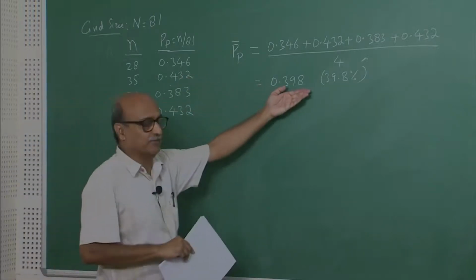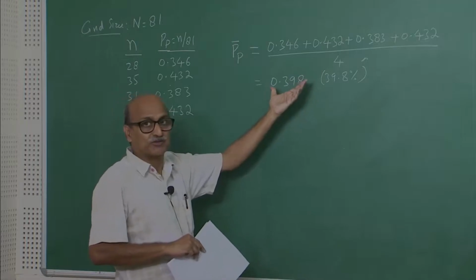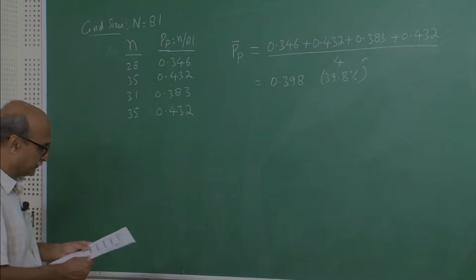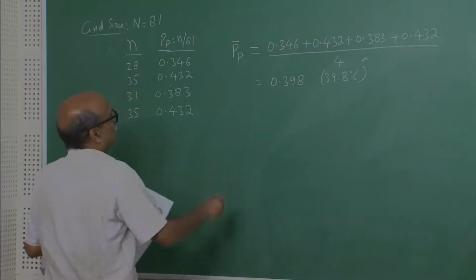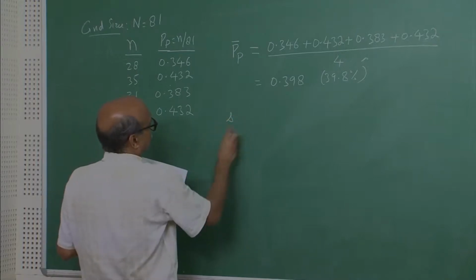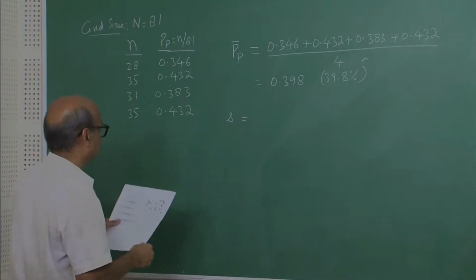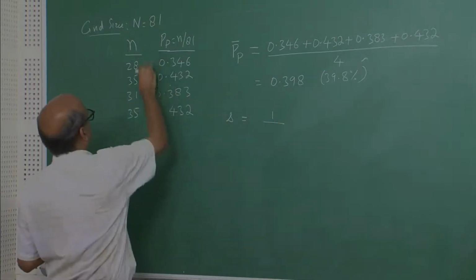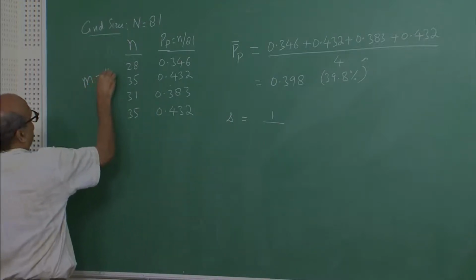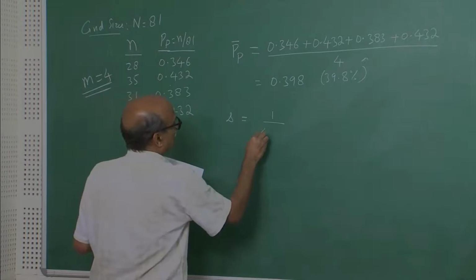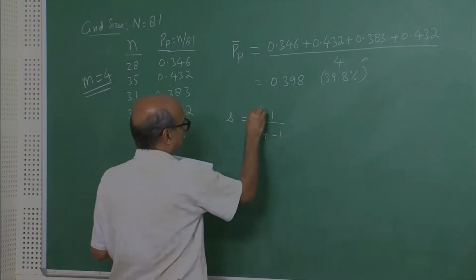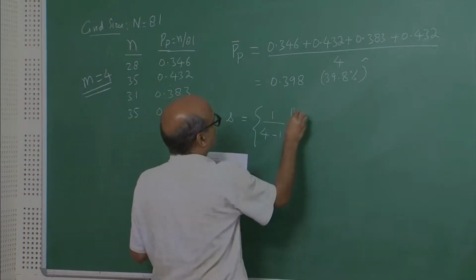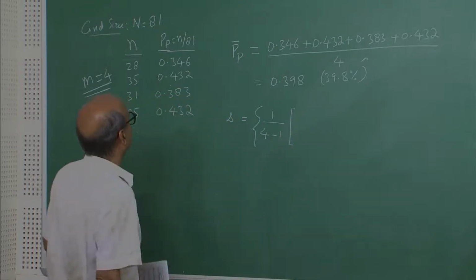Now, this is a point estimate, and as I said, we want to associate the kind of uncertainty that is associated with it. So, we calculate the standard deviation S. The standard deviation S would be 1 upon m minus 1, well, here m is equal to 4, so this is 4 minus 1, times, now what I will have to do is add up the squares of the deviations from the mean value.